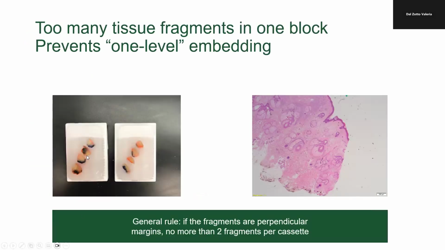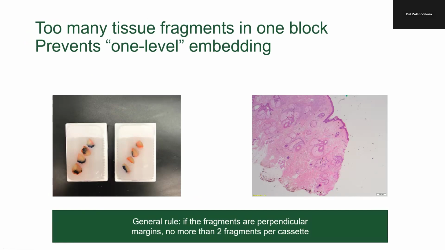Lastly, too many tissue fragments. This happens especially with margins, when you need to know the status of the margins of a lesion. If you put too many margins in one cassette, the histology lab cannot embed four or more fragments at the same level.